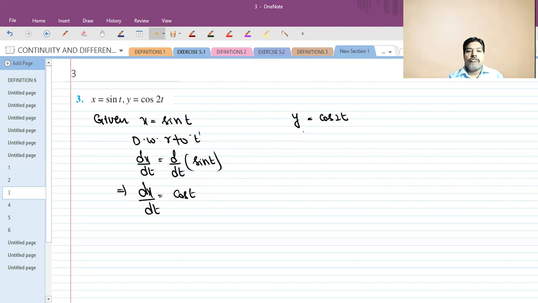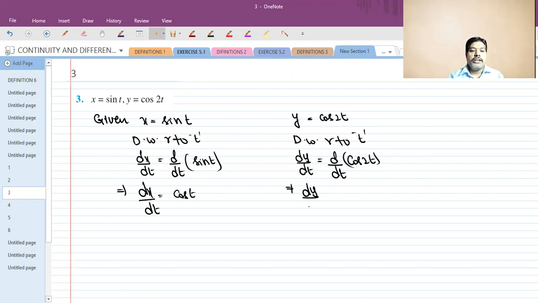And also here y is equal to cos 2t. So differentiate with respect to t. What happens? Dy by dt is equal to derivative of cos 2t. So what is the derivative of cos 2t, students?